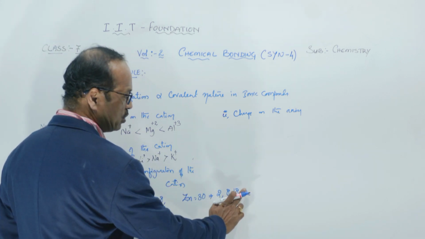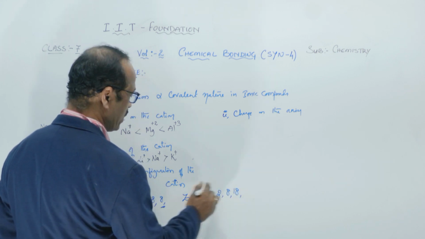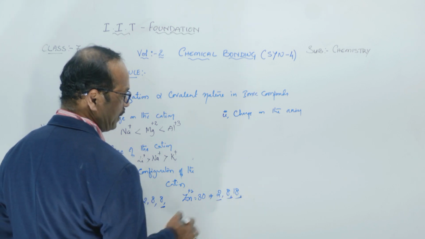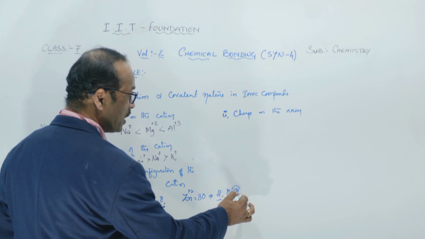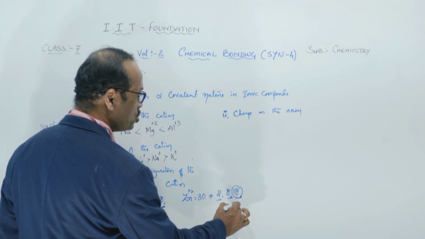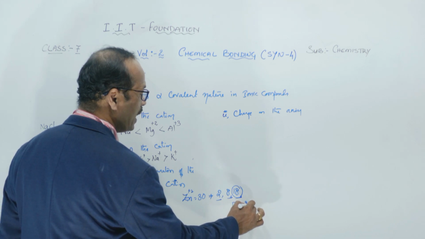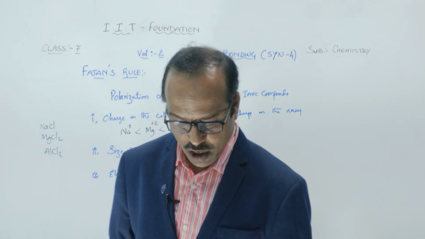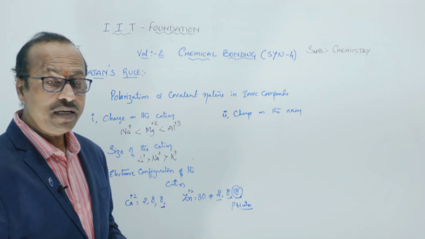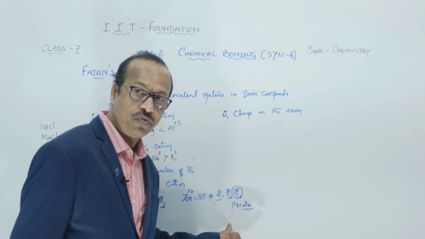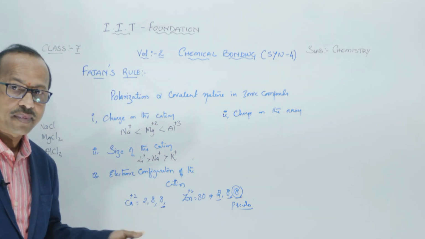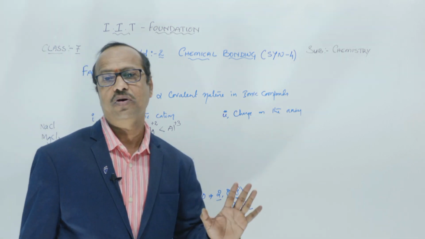It is not stable, so it loses these 2 electrons. When it loses 2 electrons, it becomes Zn plus 2. So Zn plus 2 is 2, 8, 18. So the outermost shell, how many electrons are there? 18 electrons are there. So this is called a pseudo electronic configuration. What is called a pseudo electronic configuration? The elements with the pseudo electronic configuration are more covalent than the inert gas configuration.